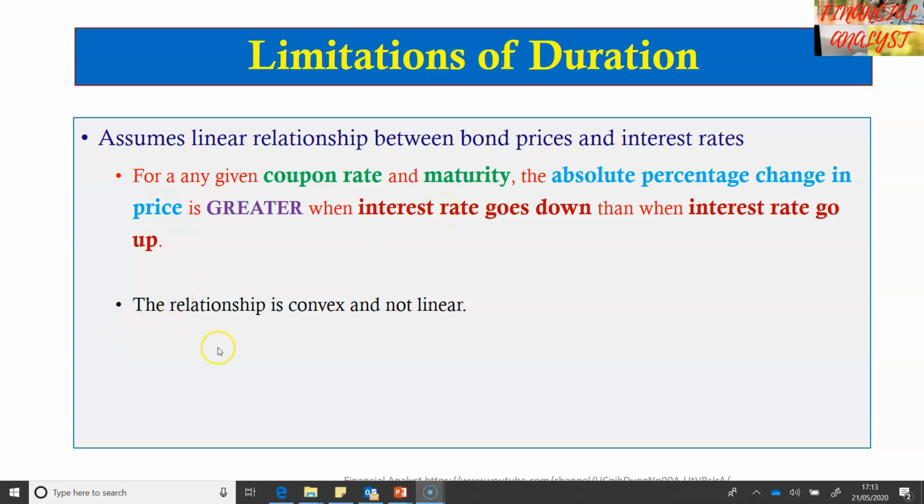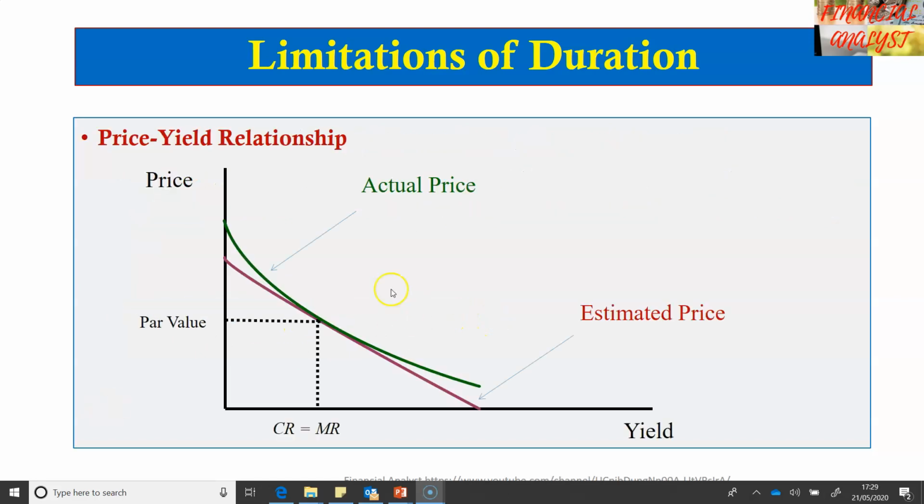Hence, the relationship between bond prices and interest rate is convex and not linear. The convex relationship between bond prices and interest rate is clear from this figure. The estimated prices using duration is shown here on this line, and it shows that the price of the bond changes proportionally for a fall and a rise in interest rates.